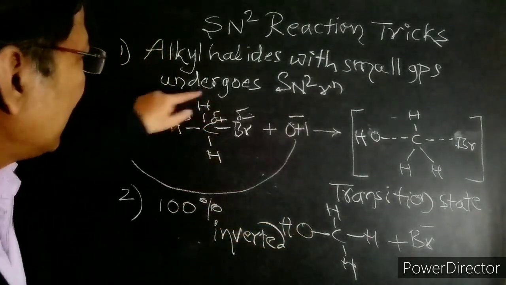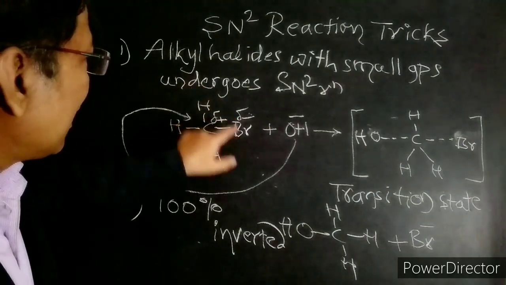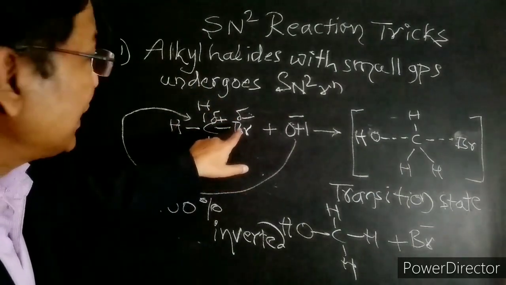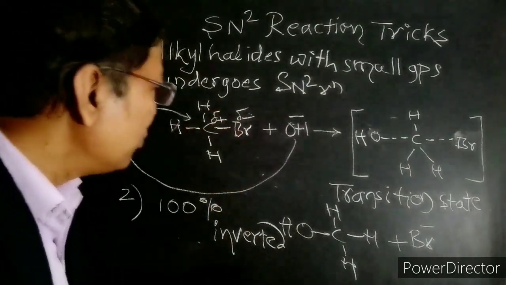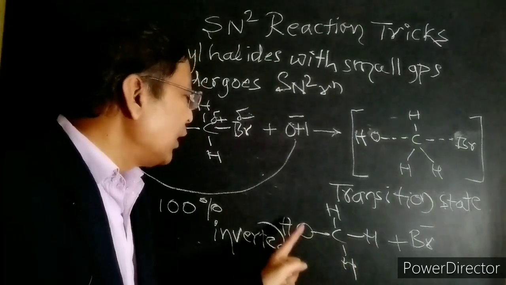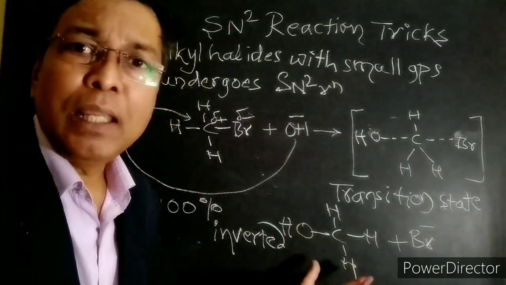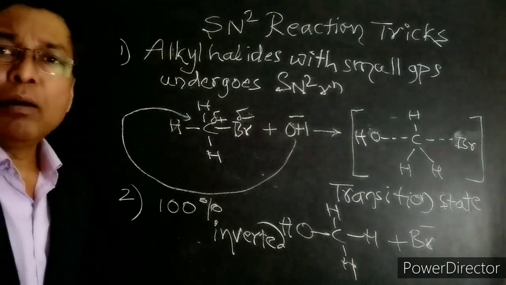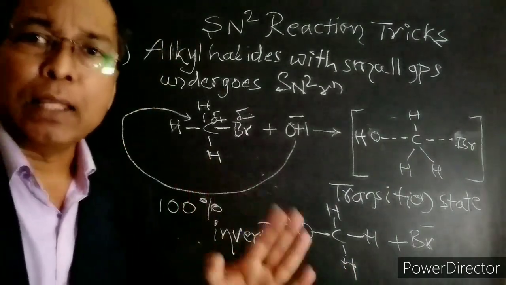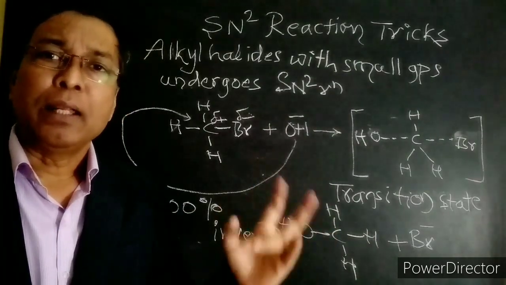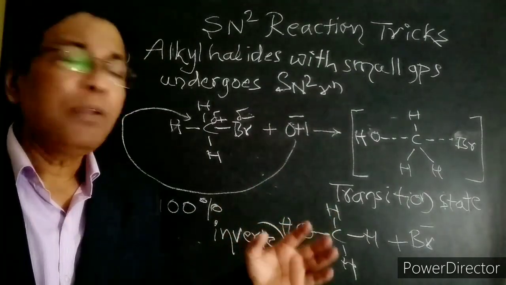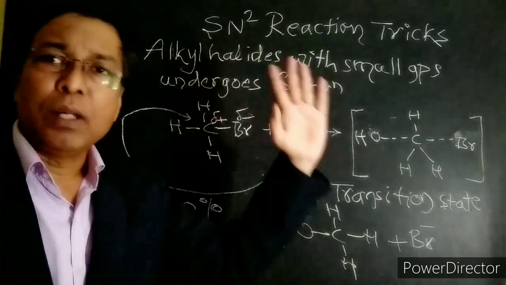If you see in the methyl bromide, the bromine is present at the right side, and if you see the product, the nucleophile OH is present at the left side. Therefore, it is inversion. The polar aprotic solvents like acetone, DMSO, DMF and DMA favor the SN2 reaction.